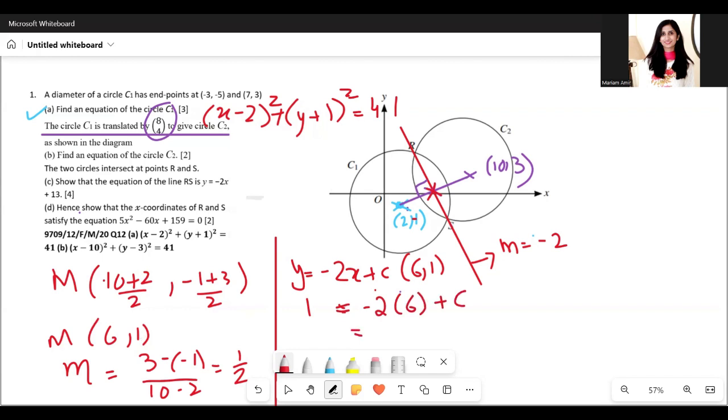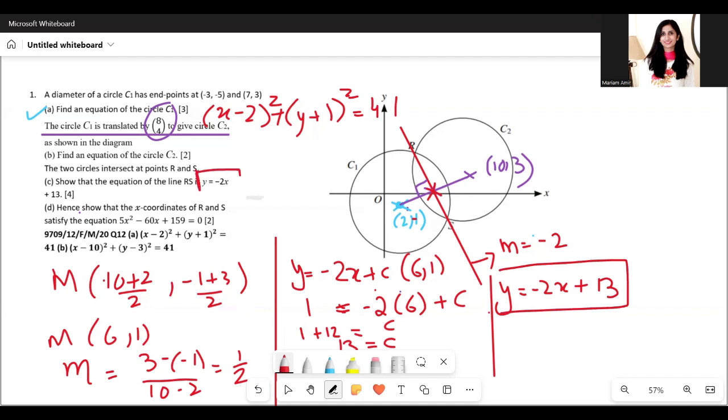We get 1 minus 12 here, which is going to be, I'm sorry, 1 plus 12 here, which is going to be 13. So the equation is coming out to be y equals negative 2x plus 13. Okay, so we have shown that we also get this.